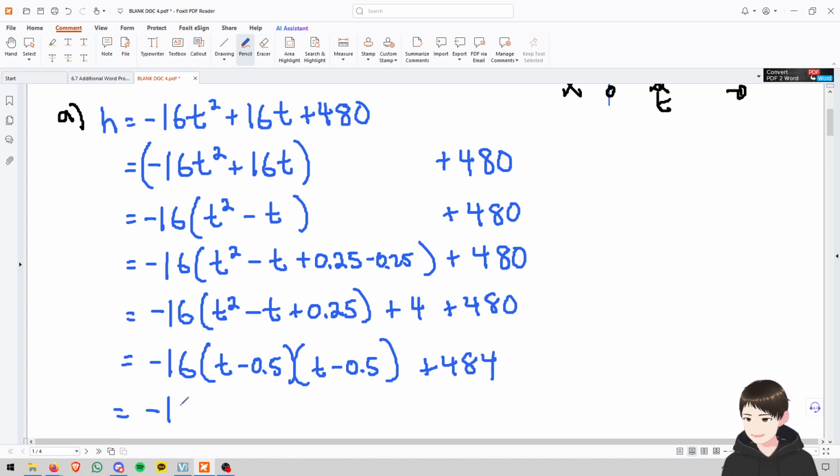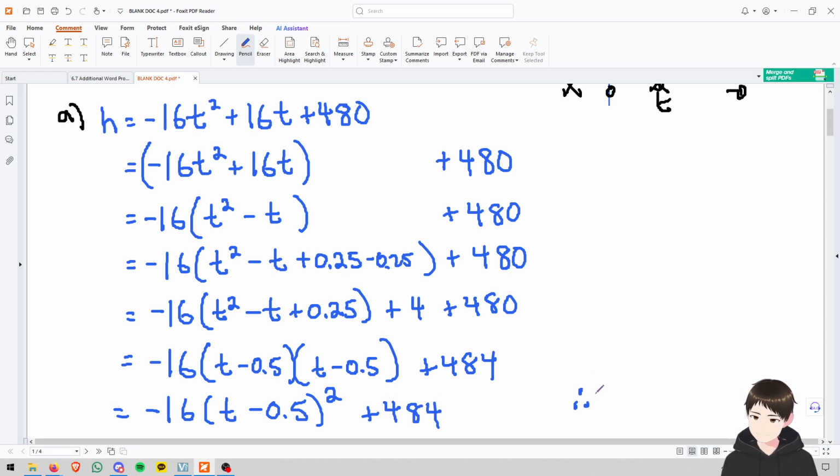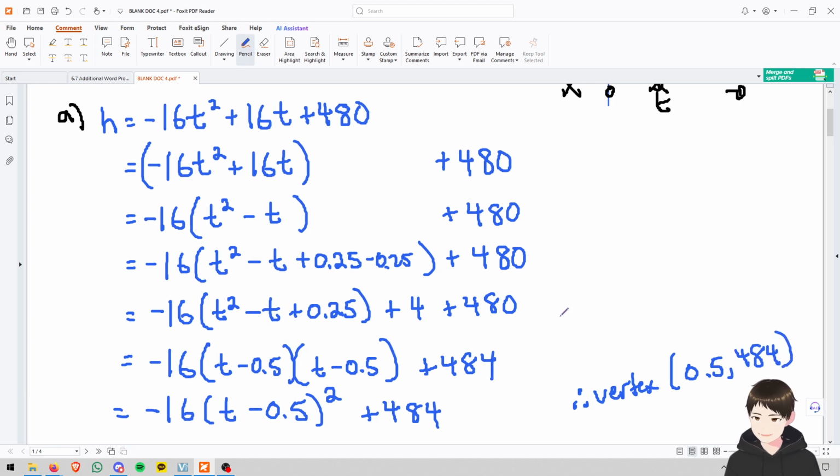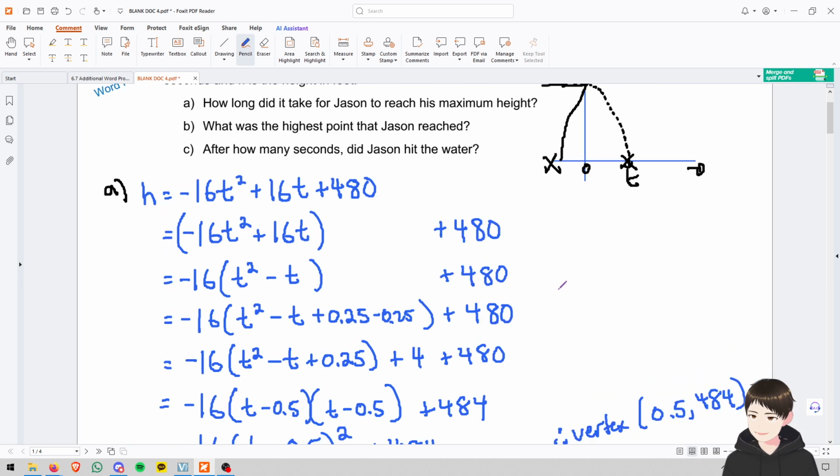My vertex is now within grasp. My h is 0.5. My k is 484. Therefore, vertex is 0.5, 484. My maximum height is 484.